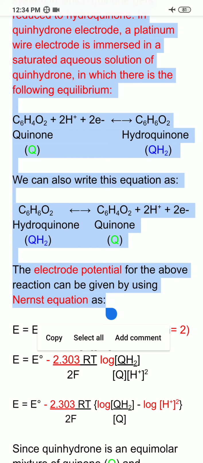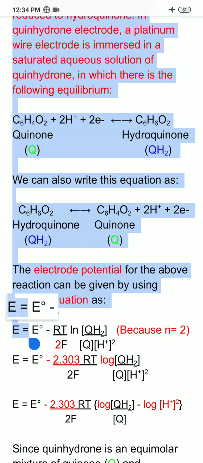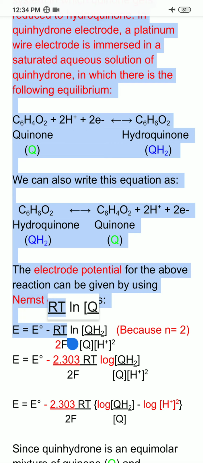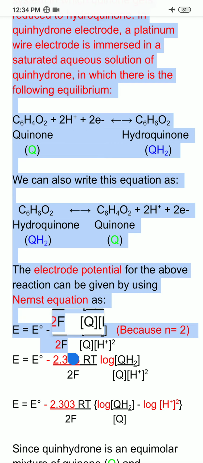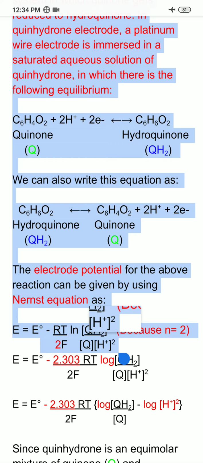Now I am applying Nernst equation to the first equation, that is conversion of quinone into hydroquinone. Then the Nernst equation for the first equation can be written as E is equal to E naught minus RT upon nF natural log of QH2 concentration upon Q concentration into H positive concentration raised to power 2.